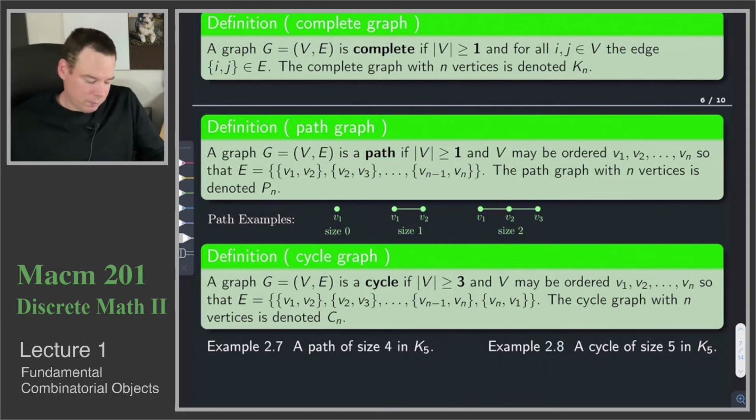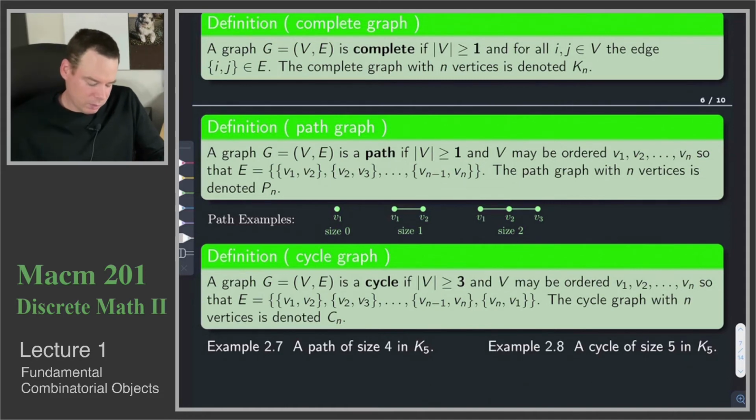A path graph, a graph (V, E), is a path if it has at least one vertex, and you can order all the vertices, v1, v2, v3, all the way up to vn, in such a way that the edges can be enumerated as v1 to v2, v2 to v3, and all the way up to v(n-1) to vn.